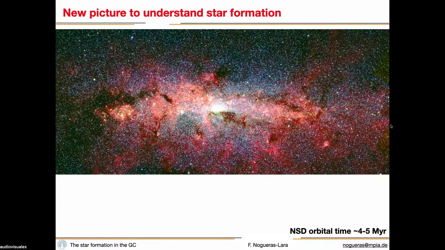Okay, so here's the question. If you have a huge contribution from a cluster which is 5 to 10 million years old with 10 to the 5 solar masses, where are the red supergiants? They should pop up in your photometric data very clearly, extremely bright in the K band. You wouldn't get most of the most massive stars, like the X-ray sources that were discovered, I think, by Muno.